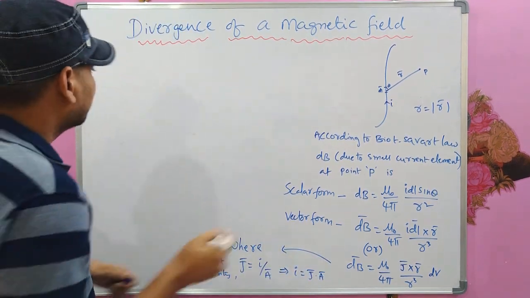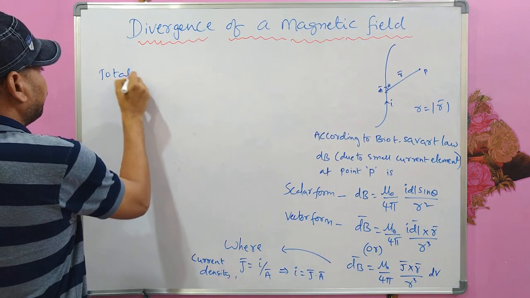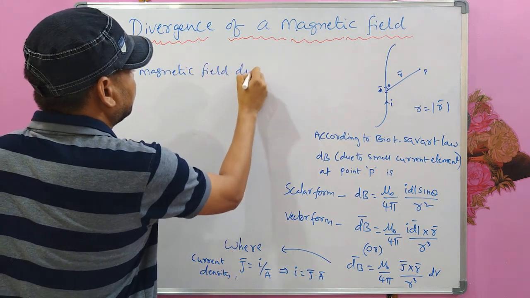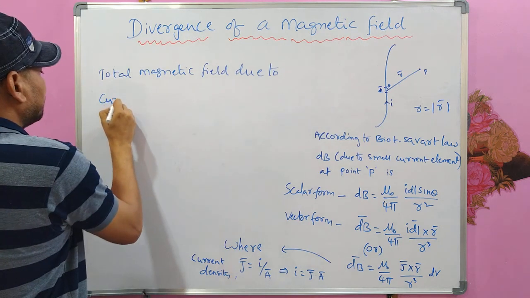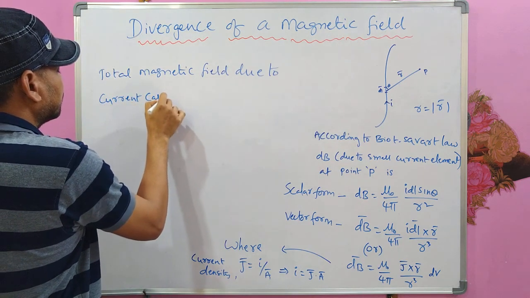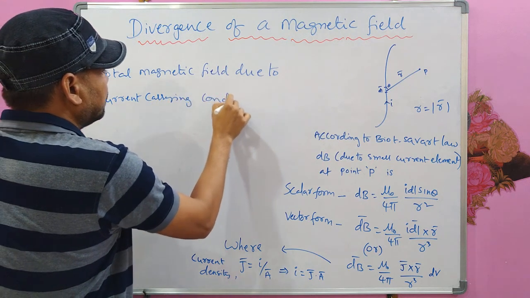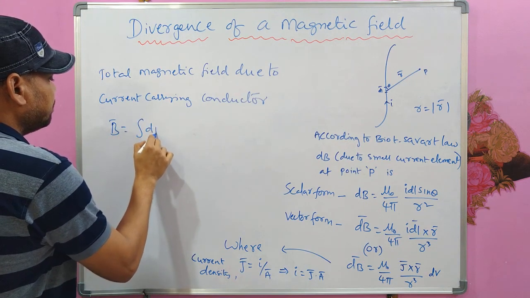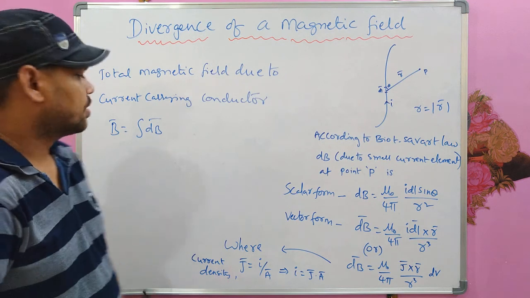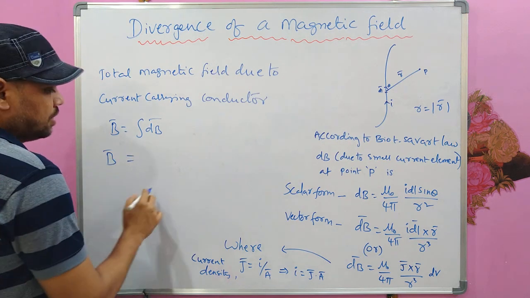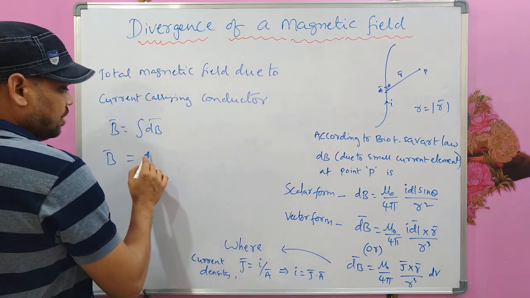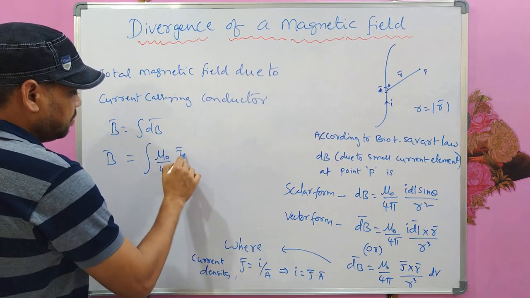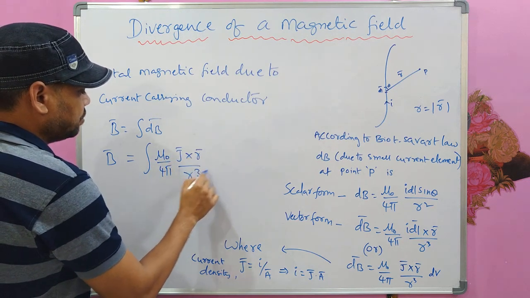So the total magnetic field due to the current carrying conductor, B, will be the integral of dB bar, which means I am going to use this integral mu naught by 4 pi J bar cross R bar by R cube.